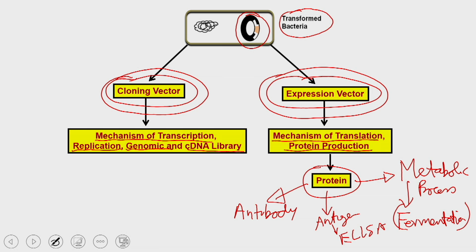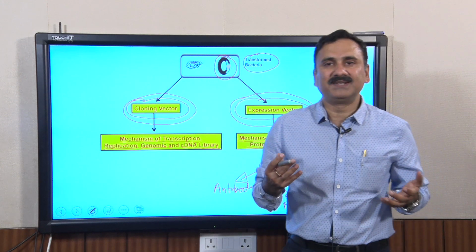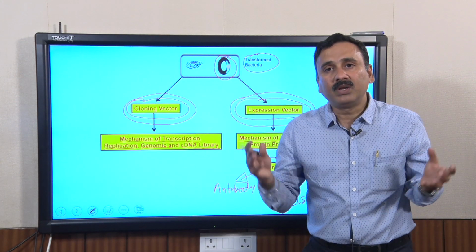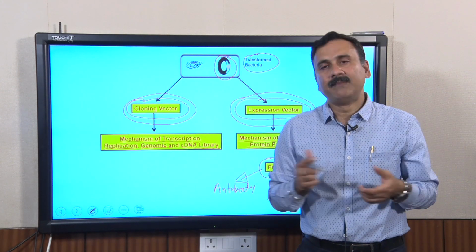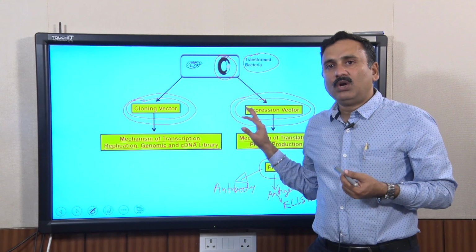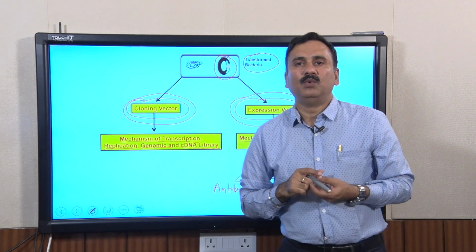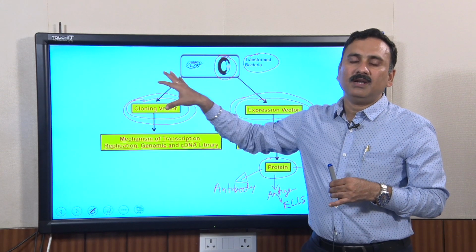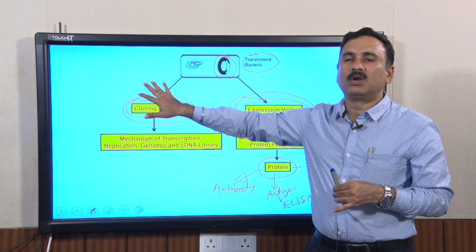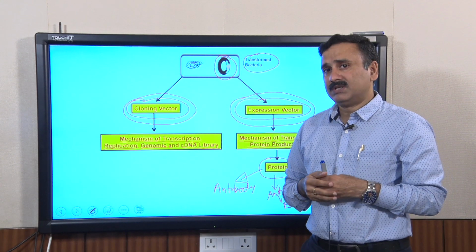So, once you generate a recombinant transformed host using an expression vector, you are ultimately overexpressing the proteins, and the utility of this is much more compared to producing a recombinant clone in the cloning vectors.